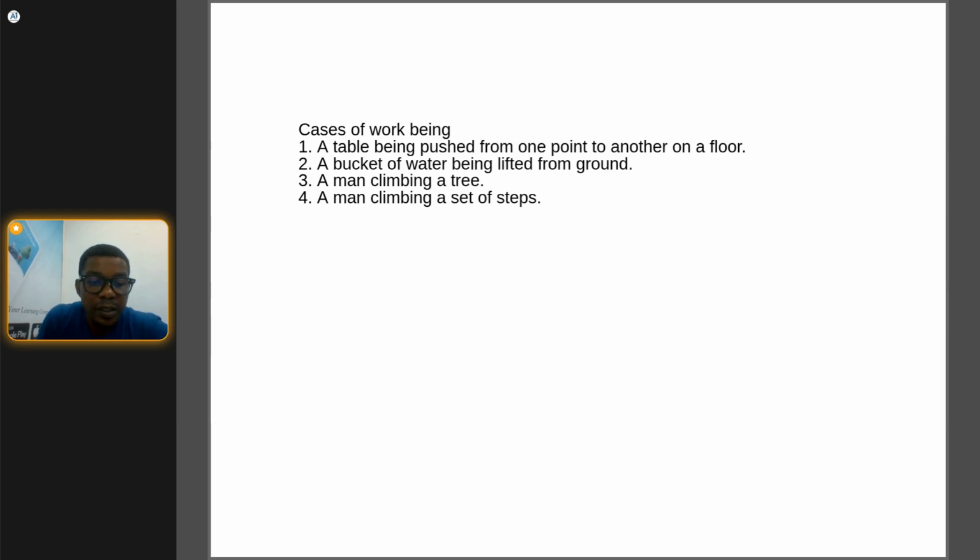Work done. Cases of work done. So these cases are going to depict work that has been done. The first one is a table pushed from one point to the other on a floor. A table pushed from one point to the other on the floor is an example of what? Work done. Is an example of work done. And that we can explain using this illustration.